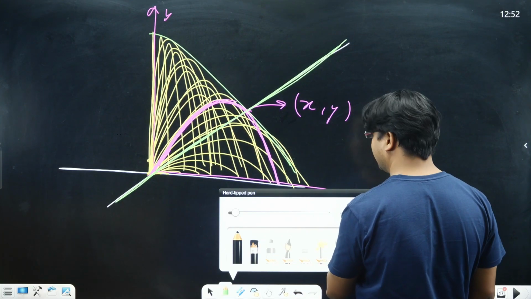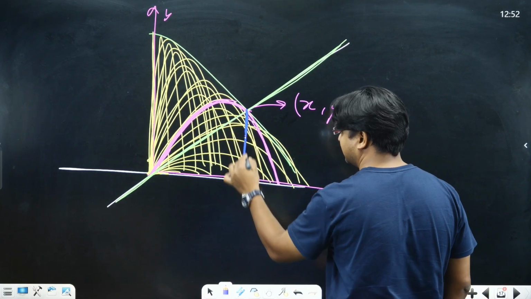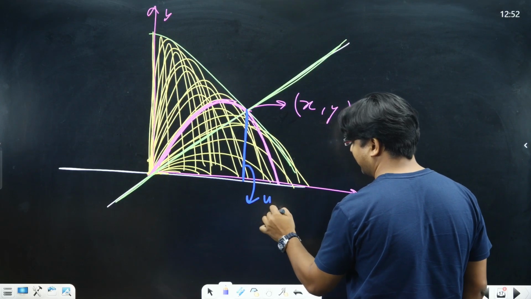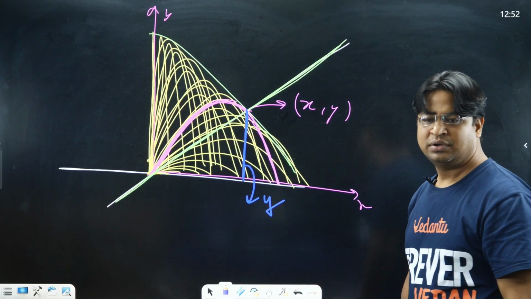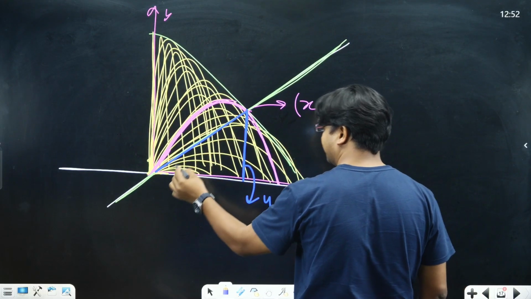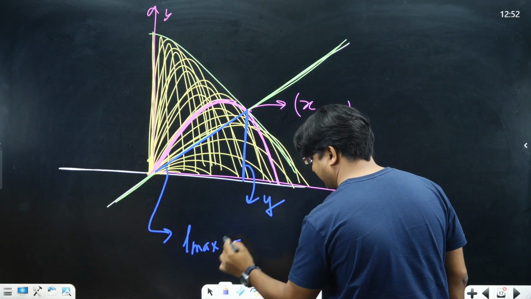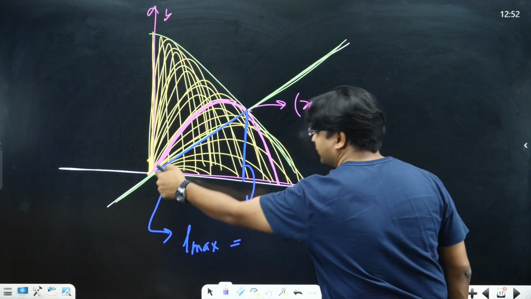Keep paying attention, I'll increase the thickness of the pen. This height is the y coordinate. This distance should become L max, which is also the distance of this point from the origin.